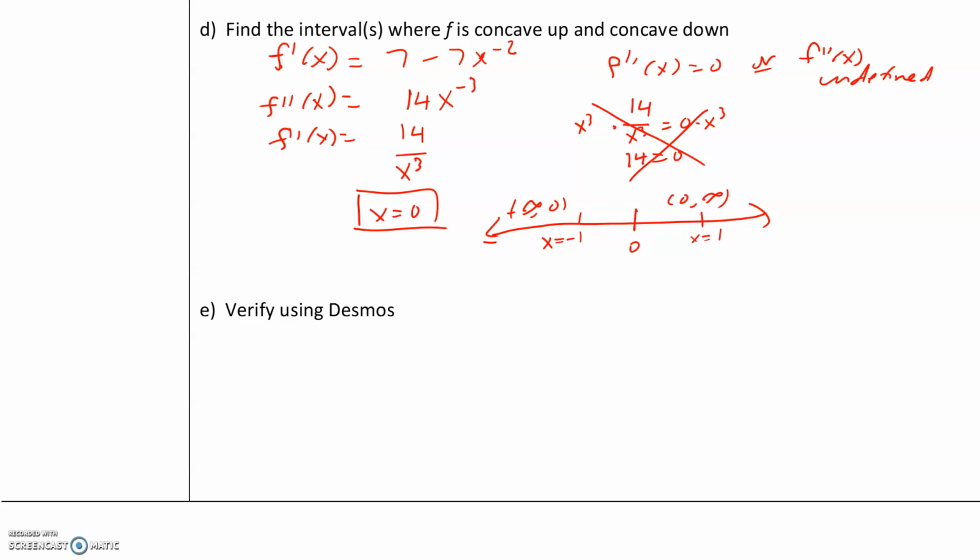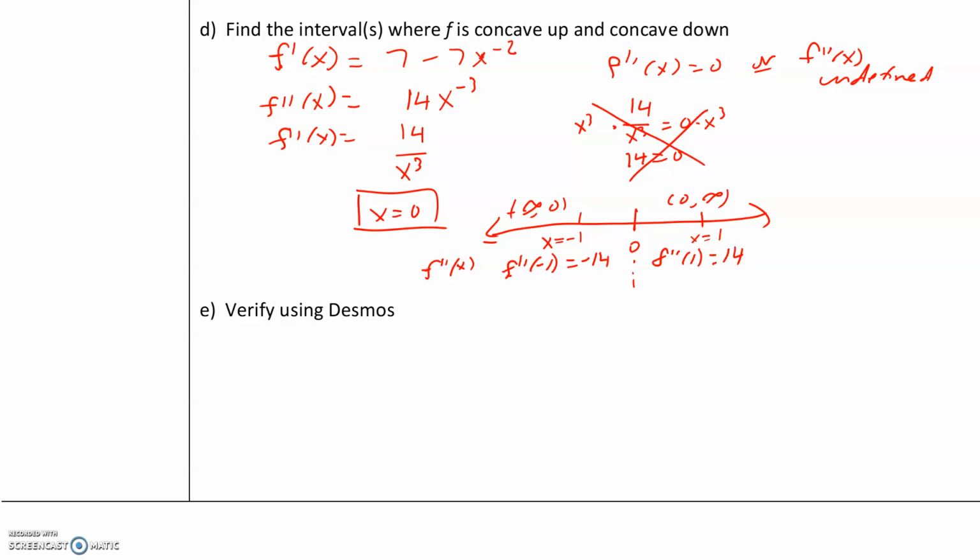I take this test point, and now to determine concavity, I need to determine what f double prime of x is. Not f prime. The first derivative is only for increasing, decreasing. For concavity, we need to have f double prime. So f double prime of -1 is -14, and f double prime of 1 is +14.